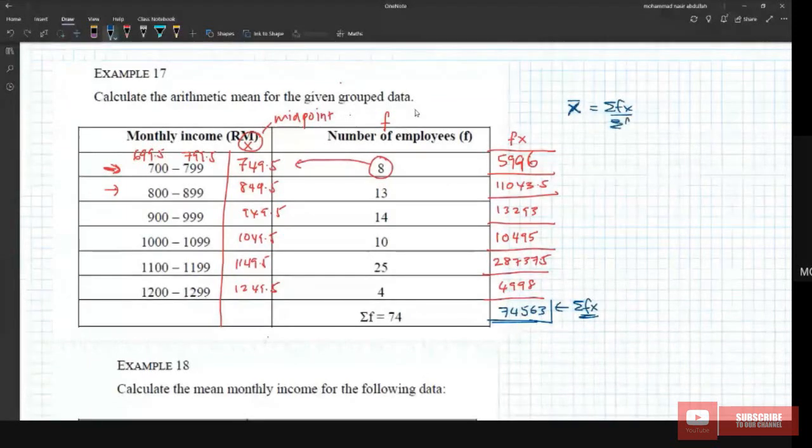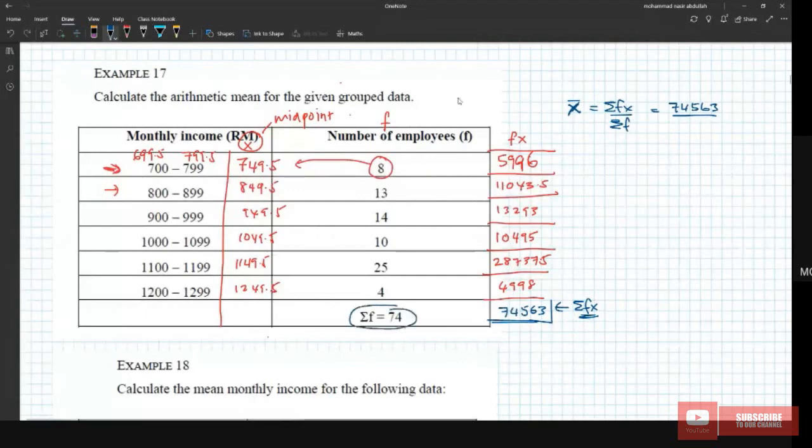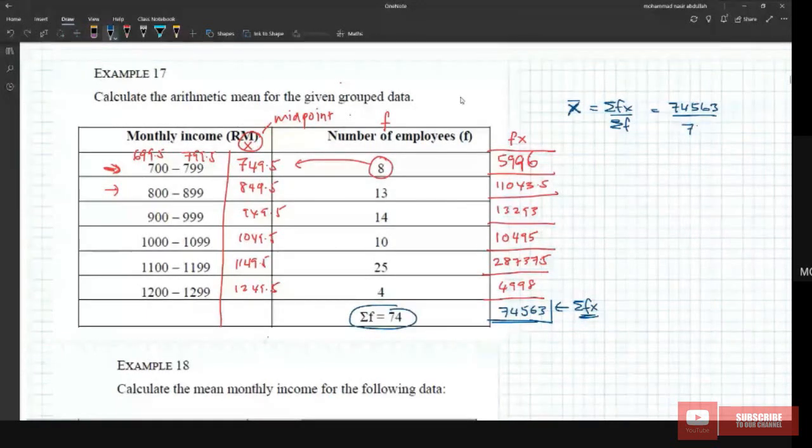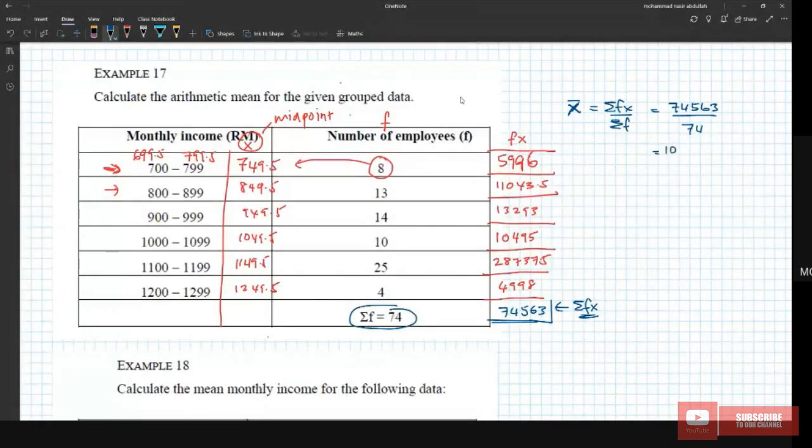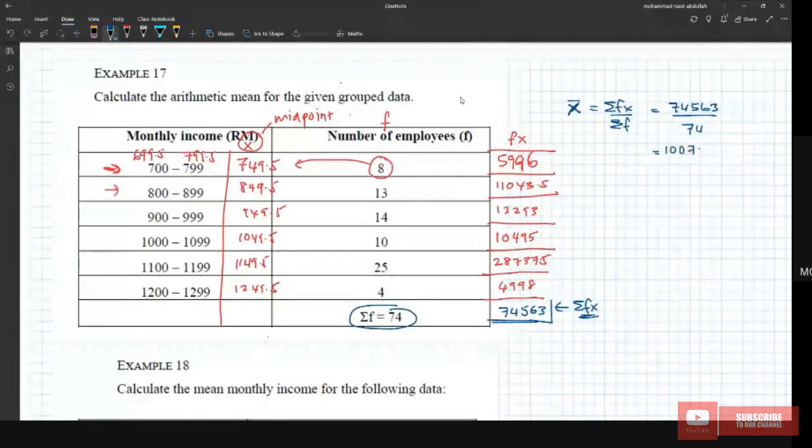So this one should be 74563 divided by the total of f value, which is 74. So it becomes 1007.61, right?